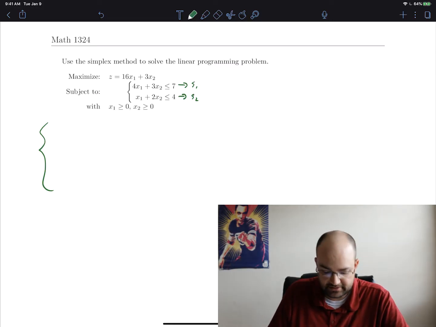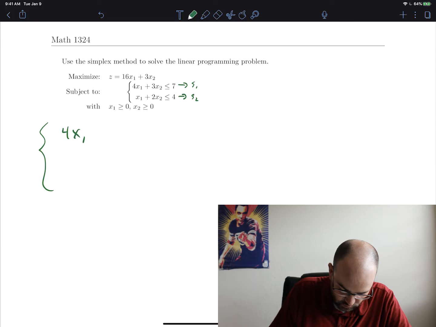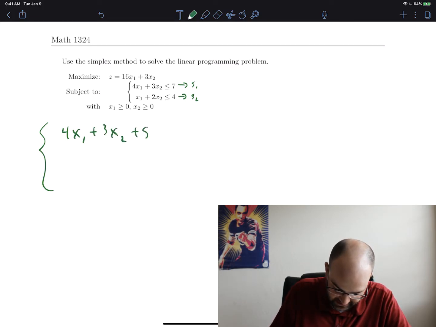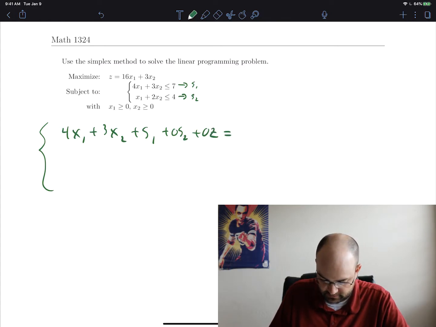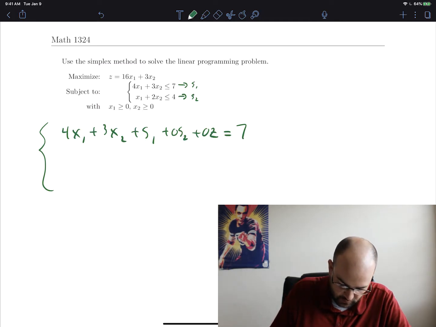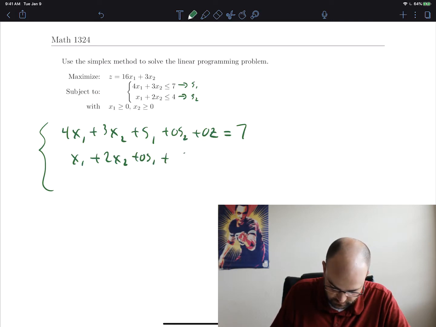Converting these, that's going to give us 4x1 plus 3x2 plus S1. Now, I don't have any S2s or the z's for this equation, and all of this is going to equal 7. Then for the next one, we have 1x1 plus 2x2, no S1, plus S2, no z, is equal to 4.